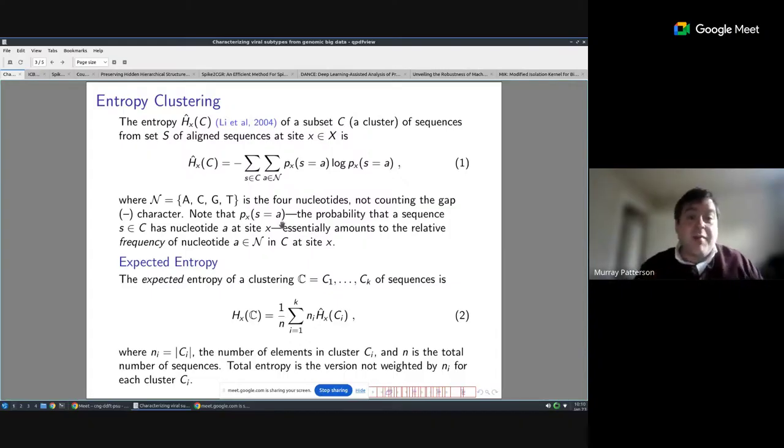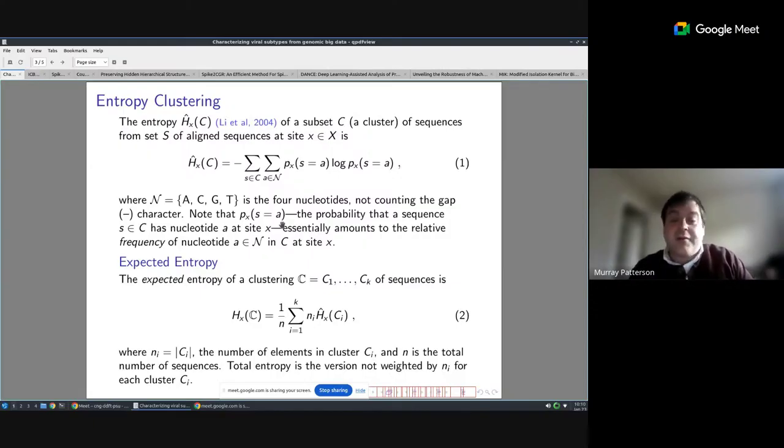That's another thing we tried, but just looking at this as a measure of cluster quality is how we started looking at clustering SARS-CoV-2.